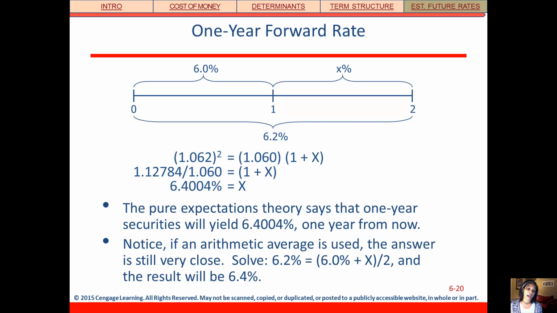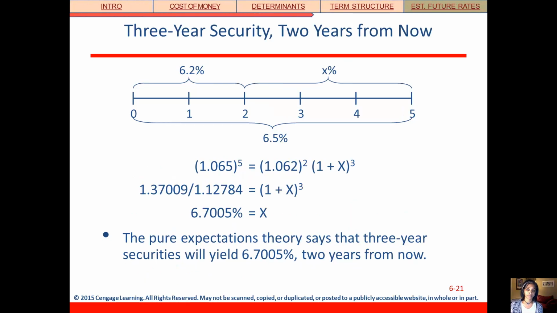The way I'll do that is take 1 plus my 2-year rate squared, because I'm going to get that for 2 years, and set that equal to 1 plus my 1-year rate times 1 plus that unknown rate, and solve for the unknown. The end result is that my 1-year rate 1 year from now is 6.4%.